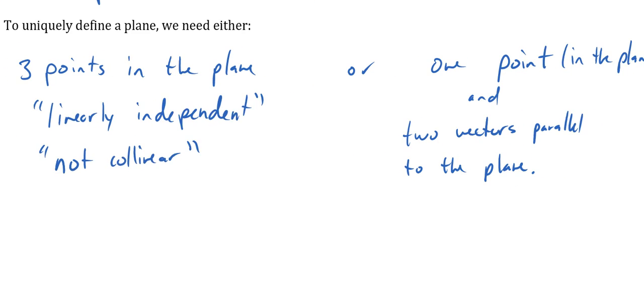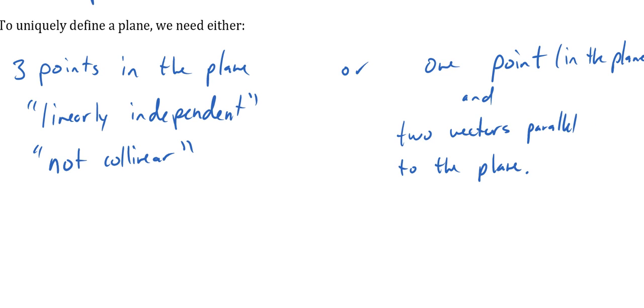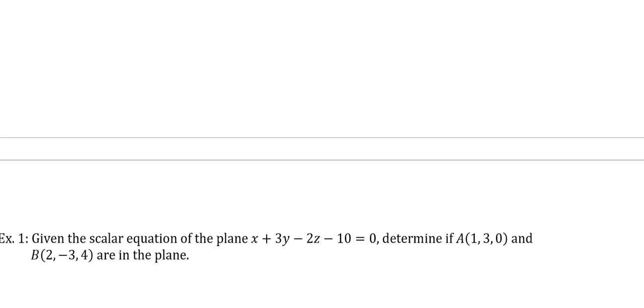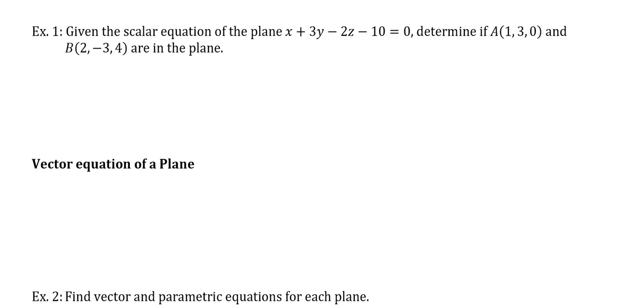That kind of goes without saying. 2 vectors parallel to the plane. Again, we can move vectors around, so we don't think of a vector as being in the plane necessarily, but it's parallel to the plane. And a plane doesn't have direction the same way a vector has, right? So a vector could be parallel, but it could be parallel lots of ways in the plane. So you would have 2 vectors parallel to the plane. And if we have that, then we can basically create the equation. Okay.